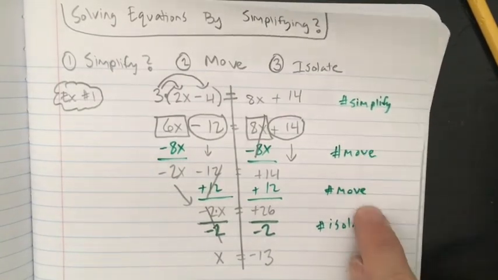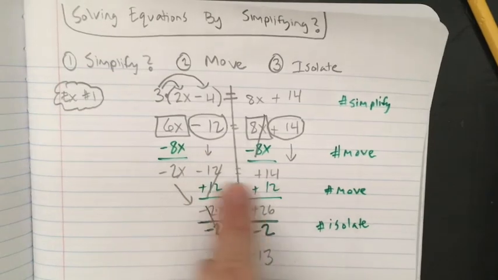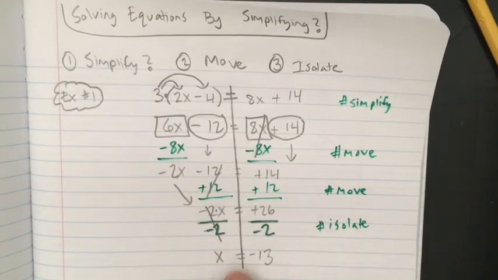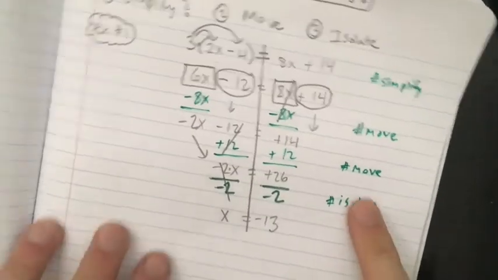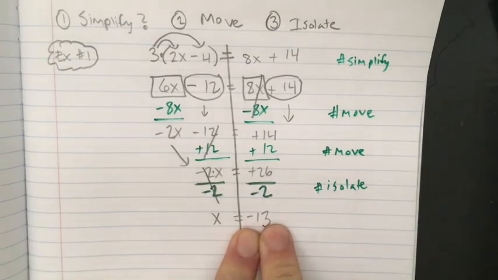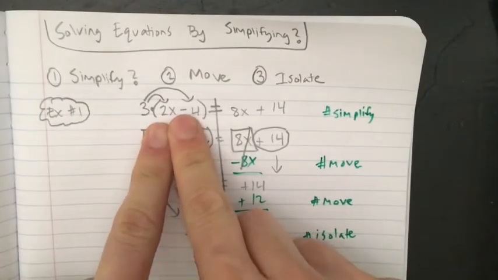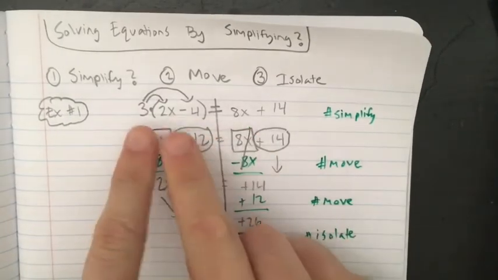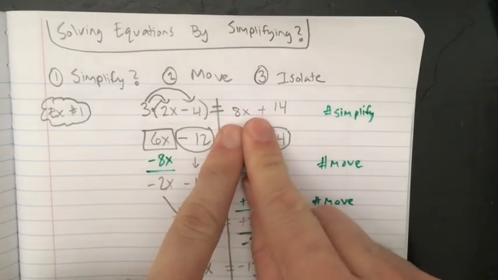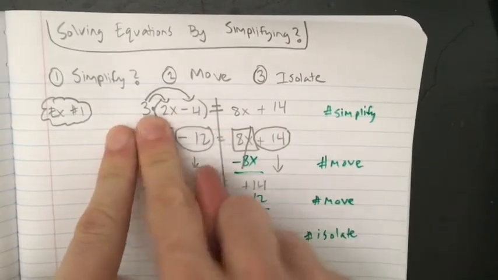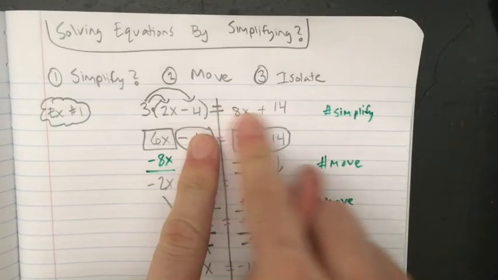Notice there's two moves here. We need to move the variables, we need to move the constants, but isolate just gets us x equals negative 13. Okay? So what that means is, if I were to take the negative 13 and replace x with negative 13 here and here, what I would equal on this side would be the same as what this equals on this side. So it's balanced, and that's what we're trying to do.